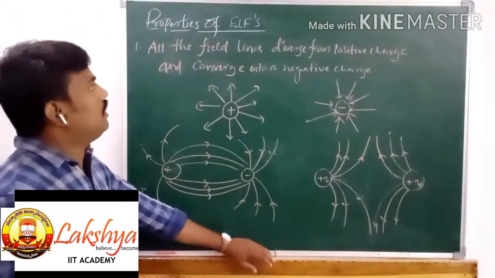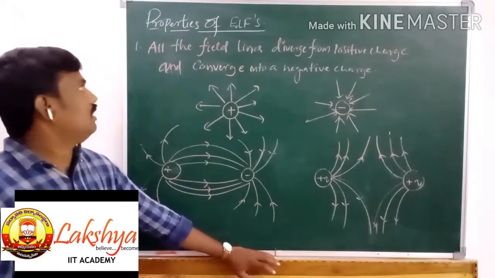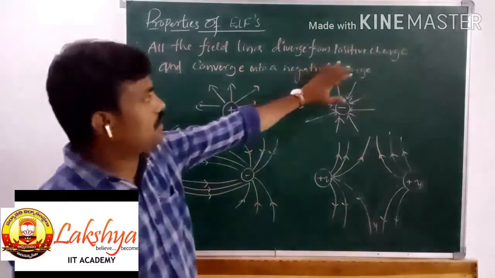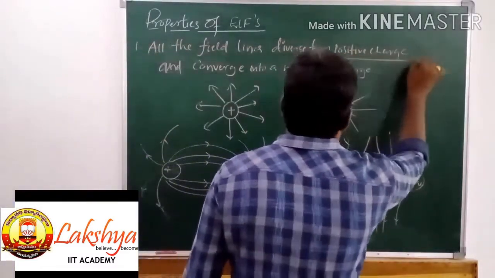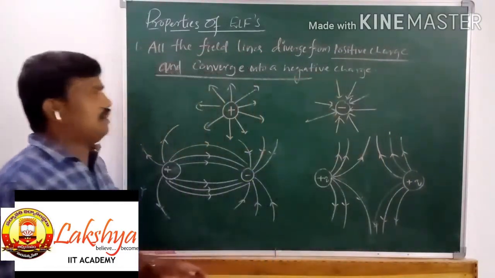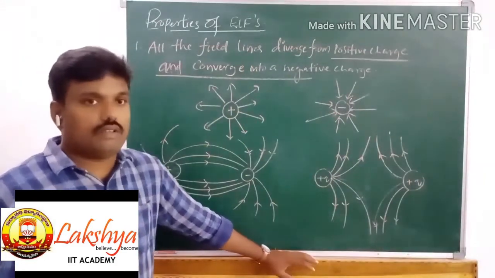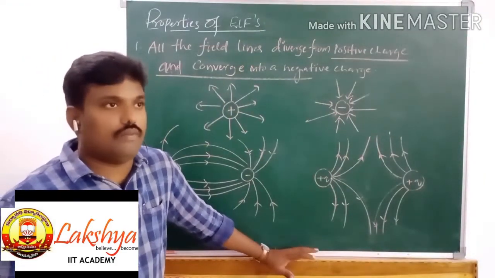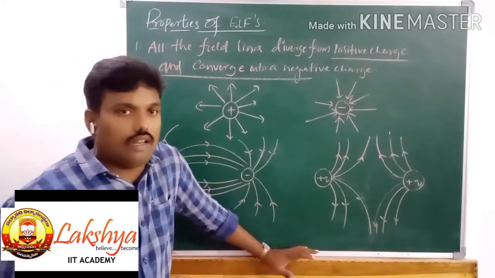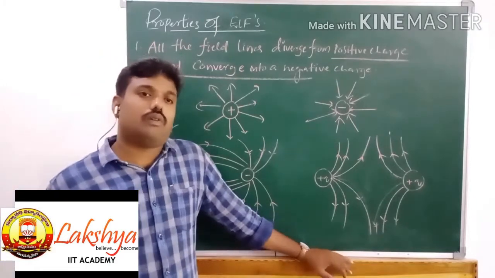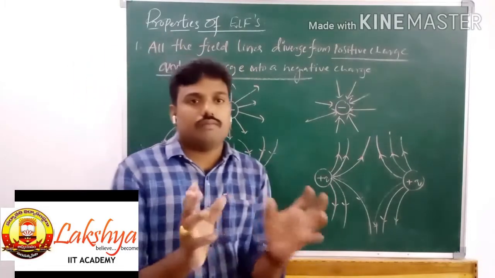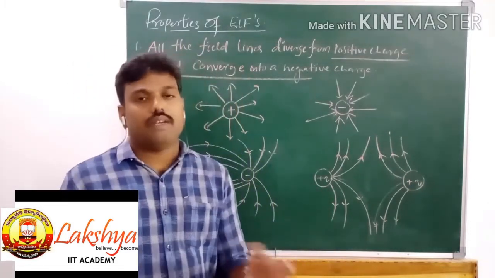Now, the properties of electric lines of force. The first property is that all the field lines diverge from a positive charge and converge into a negative charge. Here we can have isolated charges, that means we can have a positive charge and a negative charge individually. Like in magnets, the North Pole and South Pole are always together and we cannot isolate them.